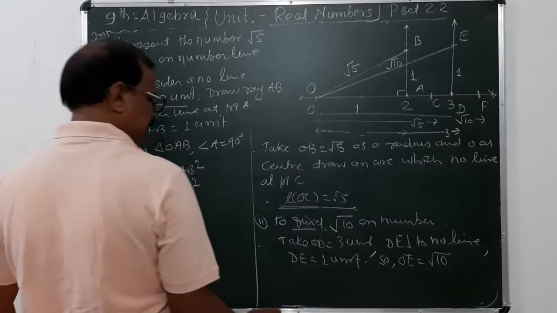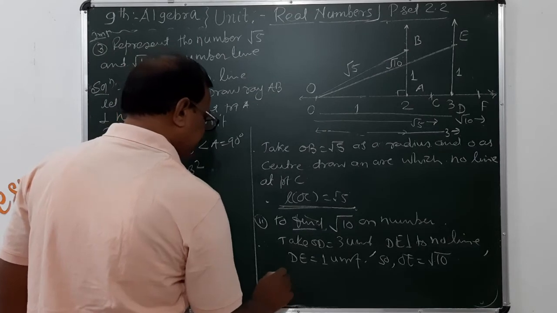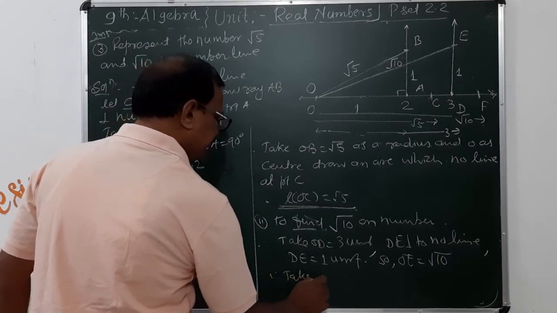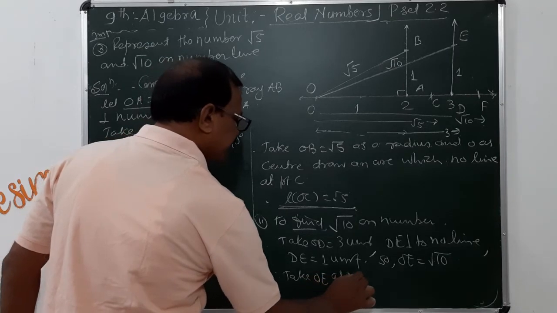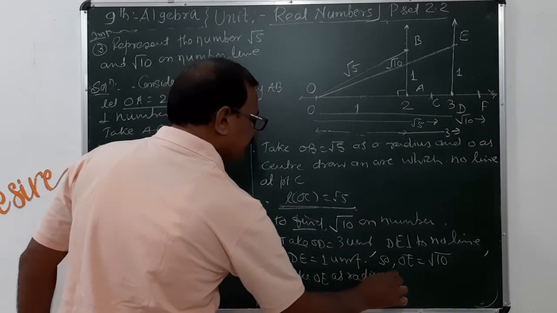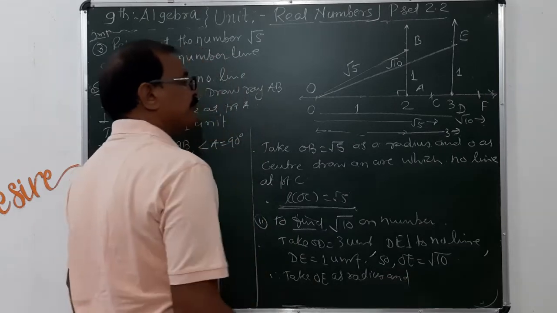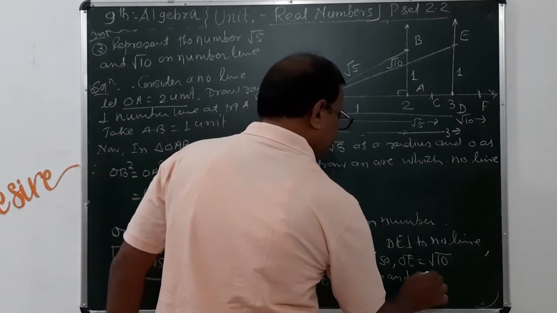Okay. So take OE as radius and O as center.